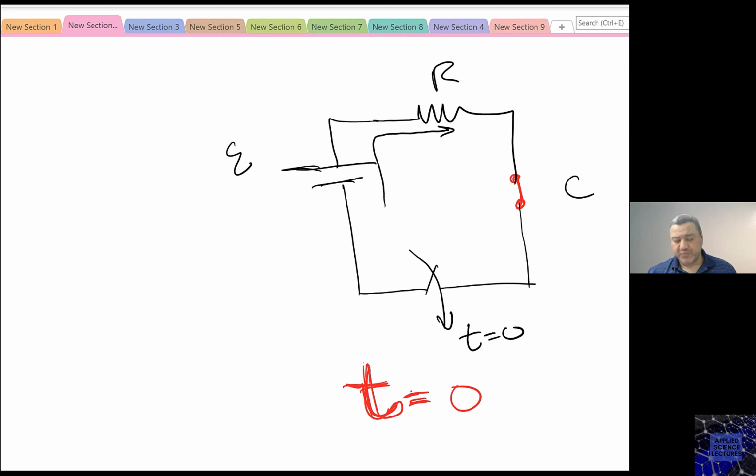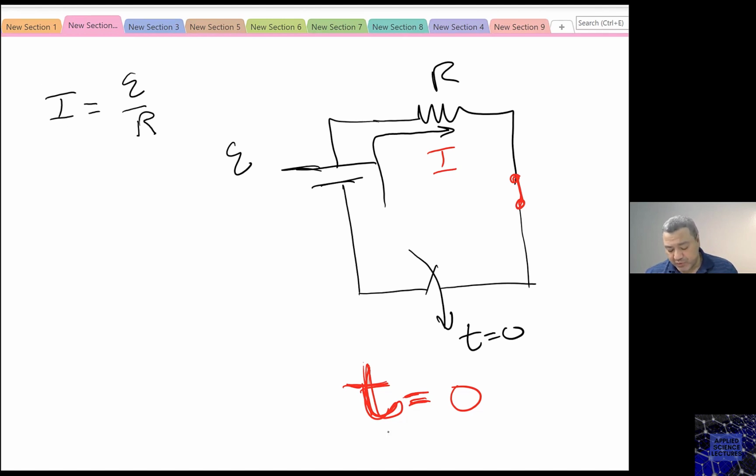Only at this moment, I can replace this capacitor with a piece of wire, and now I can calculate the current, and in this case the current would be I equals 2 epsilon divided by R. And if you recall, this was the I maximum for the current for the capacitor.